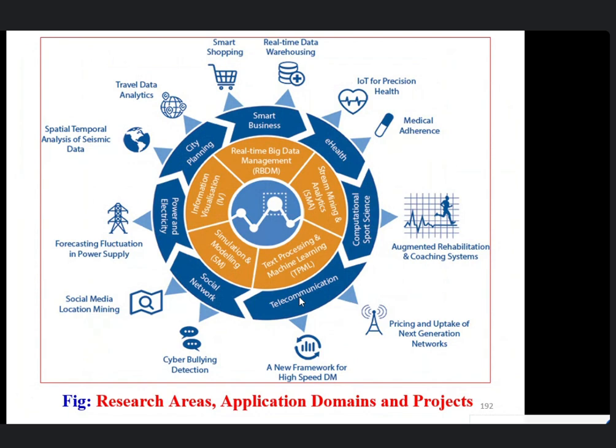This diagram explains, if you see the inner circle, we are generating visualizations and graphs. Then the yellow marks, if you observe: real time big data management, RBDM, then sentiment stream mining and analytics, SMA, text processing and machine learning, TPML, simulation and modeling, then information visualization.